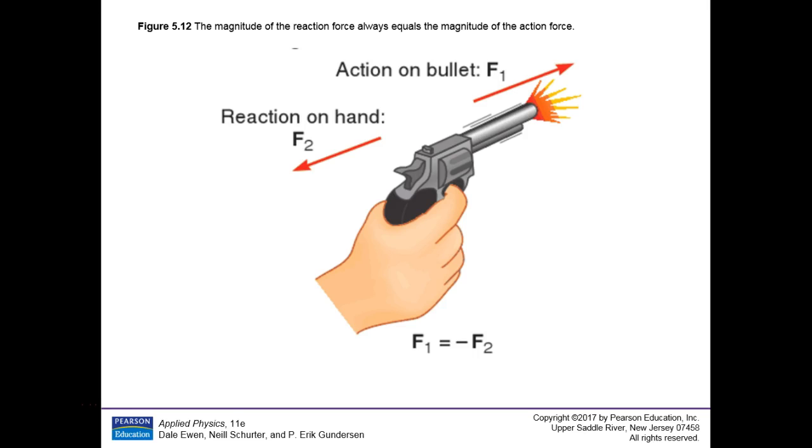And how jet aircraft work is the jet engines fire that exhaust very rapidly out the back, pushing the plane forward. Action, reaction. Same deal. And then what they show here, the shuttle launch, the action is the exhaust firing out the back of the booster rocket, and the reaction is pushing the shuttle upward.